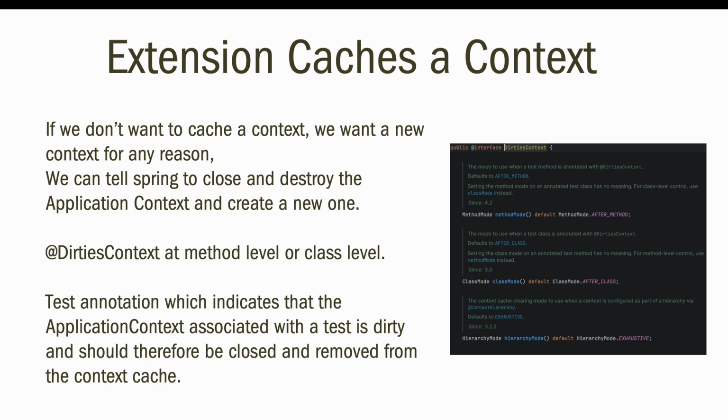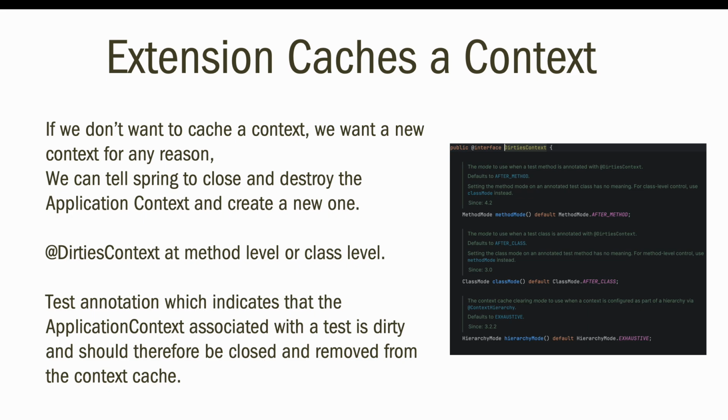So we can tell Spring to close and destroy the application context and create a new one. We use @DirtiesContext. You can use this @DirtiesContext at method level or at class level. The annotation indicates that the application context associated with a test is dirty and should be closed and removed from the context cache.